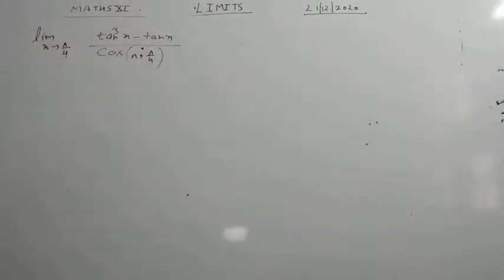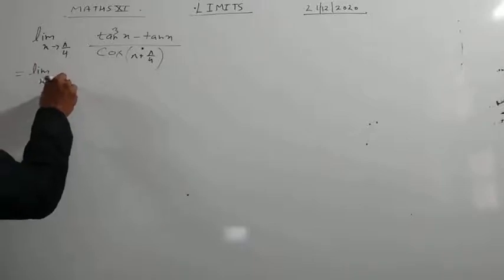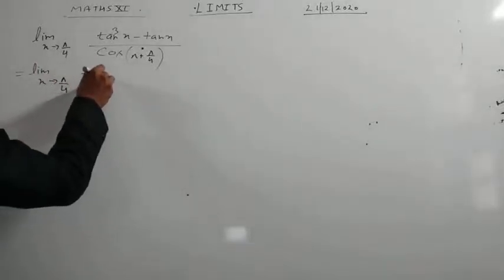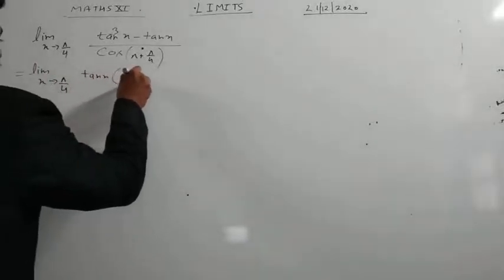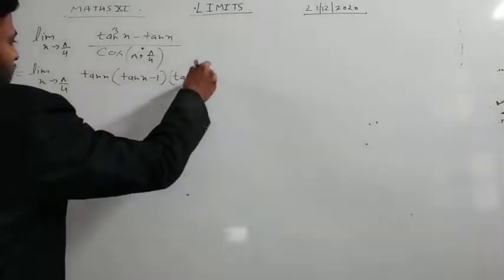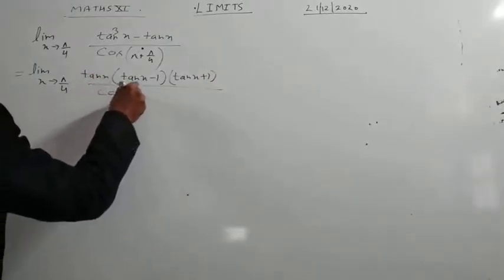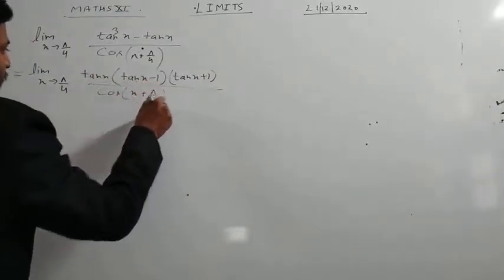Okay student, so limit x tends to pi by 4 of (tan cube x minus tan x) by cos (x plus pi by 4). Now we have to solve this question. Taking tan x common, we have tan x (tan x minus 1)(tan x plus 1) by cos (x plus pi by 4).